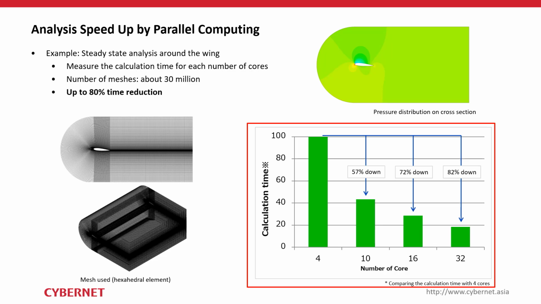For example, here we configure the number of cores used. When we use 10 instead of 4, we can reduce the calculation time by about 57%. And as we increase the number of cores, we can further reduce the calculation time. So yes, Ansys Fluent can include parallel computing to speed up your analysis.